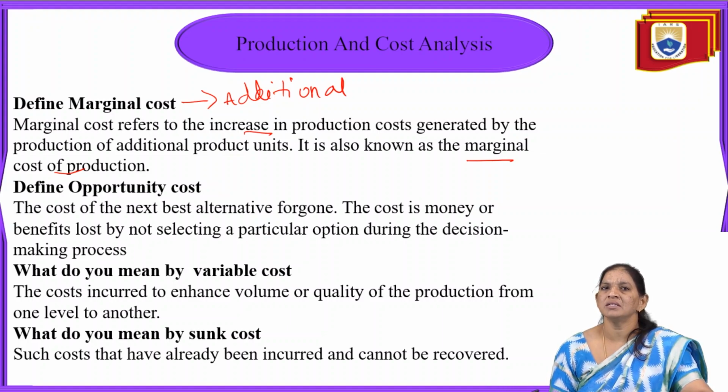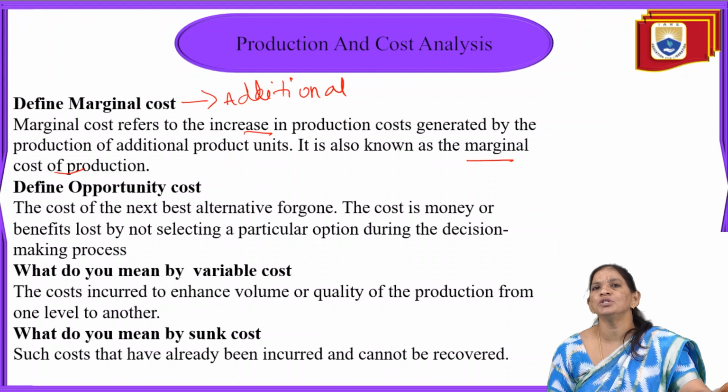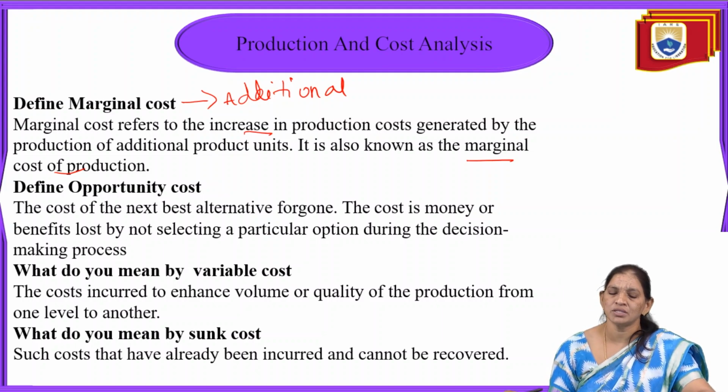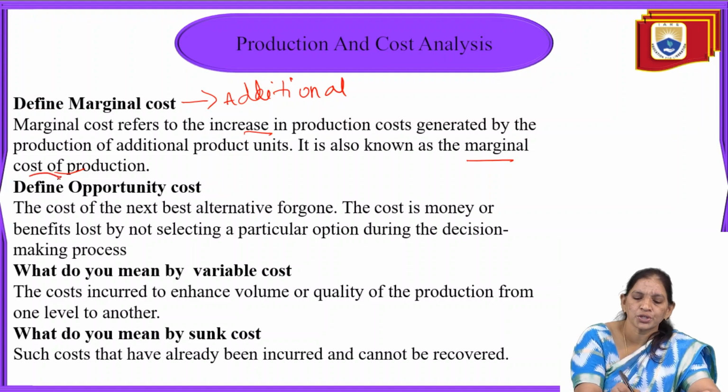So marginal cost means the cost involved in producing increased output or additional units. So this is termed the marginal cost of production.